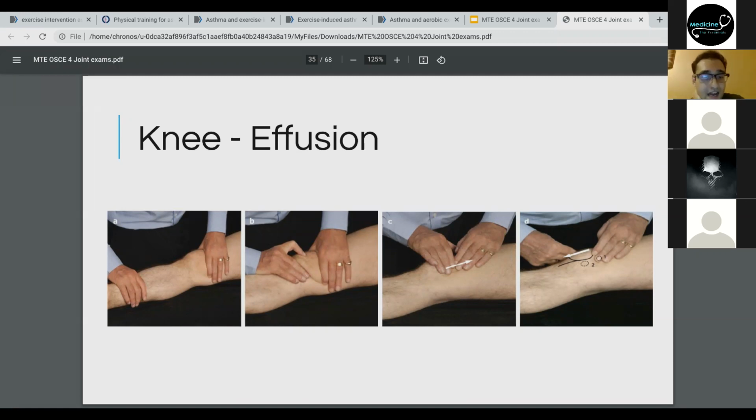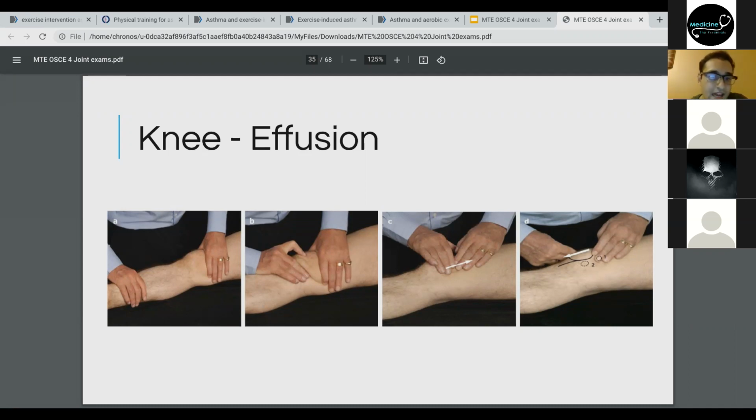For the patella tap, which is pictures A and B, you're going to have one hand firmly placed above the patella, and one hand placed just below the muscle bulk of the calf, and you squeeze your way up with the distal hand until you get to the patella. When you get there, use your index finger to tap the patella. If there's an effusion, it almost feels like it is floating in space when it taps.